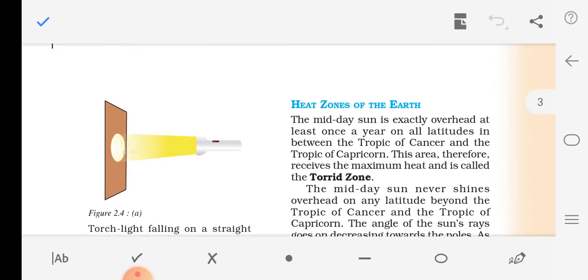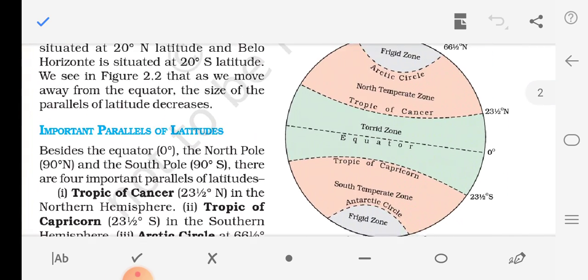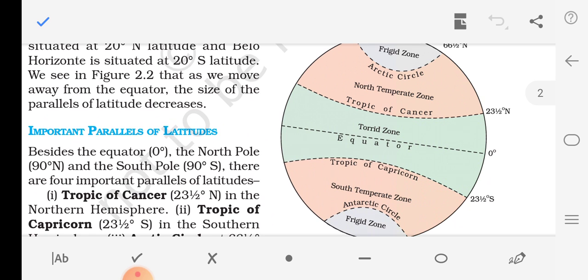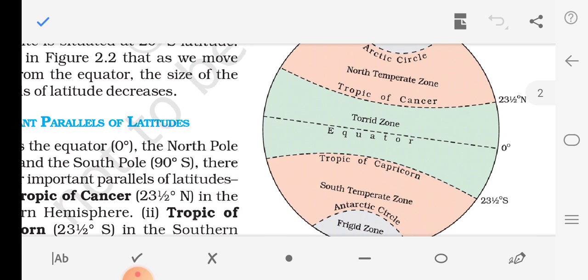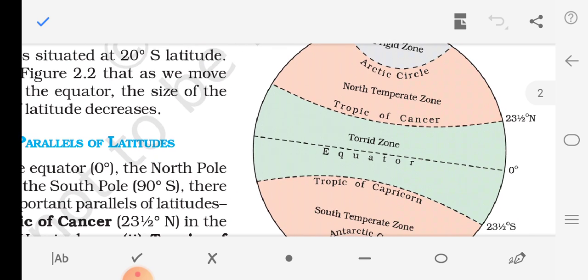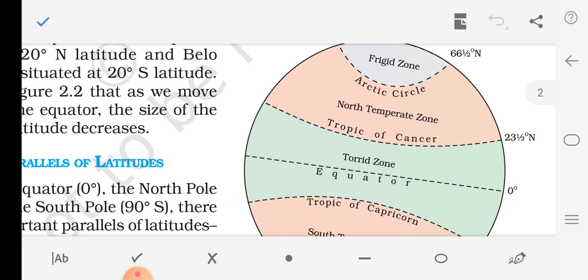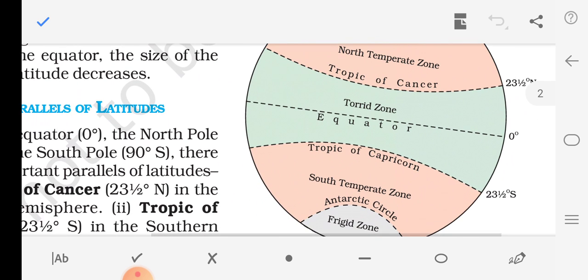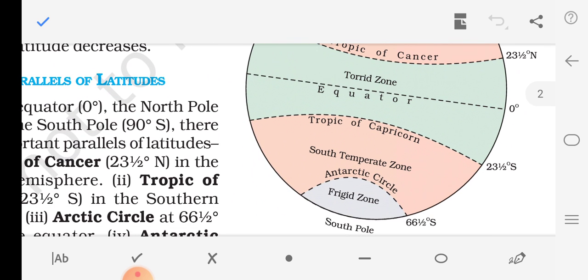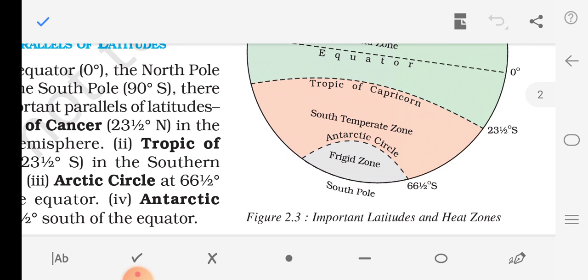Let me show the image of the zones. Look at this image. There are three heat zones, that is torrid zone, temperate zone and freezing zone. 0 degree to 23 and a half degree north and south is known as the torrid zone, and from 23 and a half degree to 66 and a half degree, north and south, is known as the temperate zone, and from there to 90 degree at the poles, the last one, is the freezing zone, that is a very cool area.